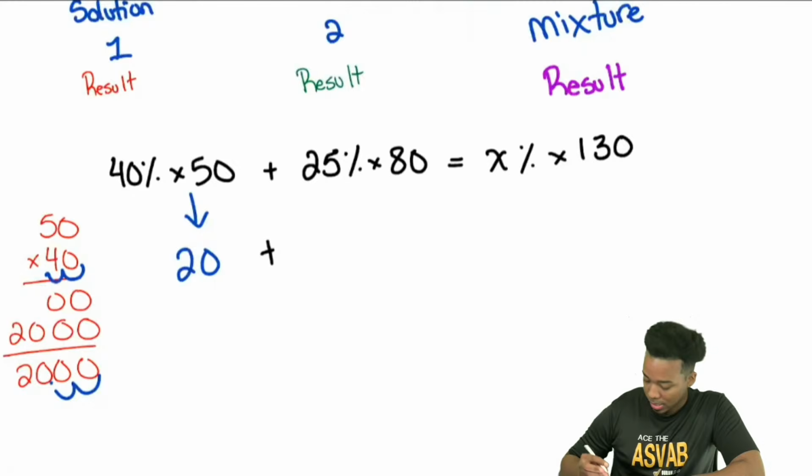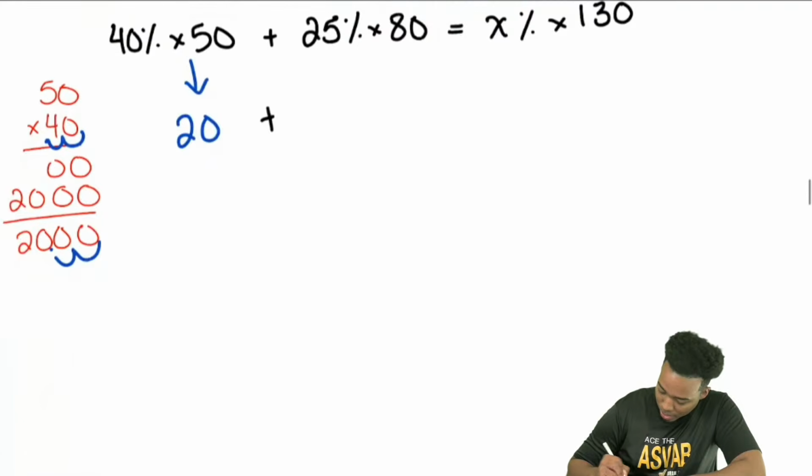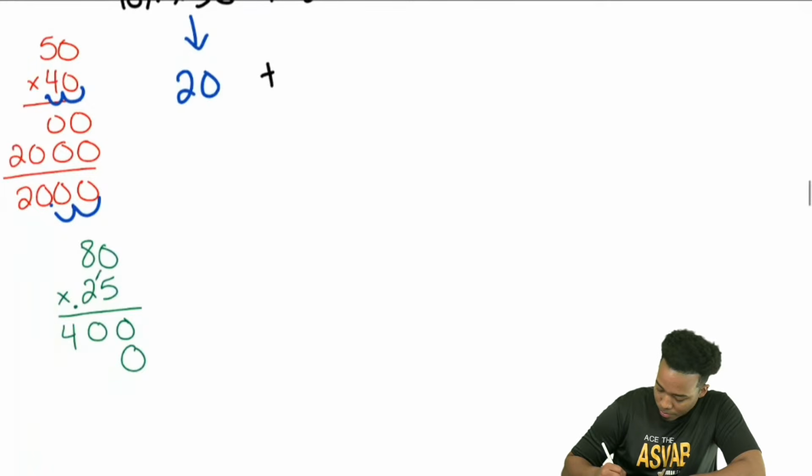Now let's take a look at the second one here. We have 25% of 80. So I can do the math right down over here. If you know your mental math, you know that this is going to be 20 as well. But let's go ahead and plug it all in. 0 times 5, 8 times 5, that's going to be 40. Bring down a 0. 0 times 2, 8 times 2, and that's going to be 16.